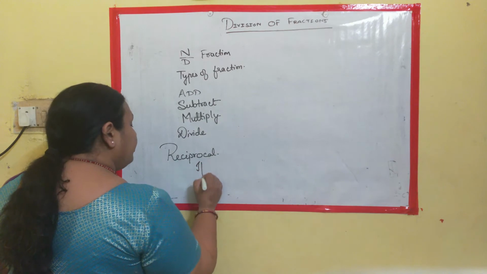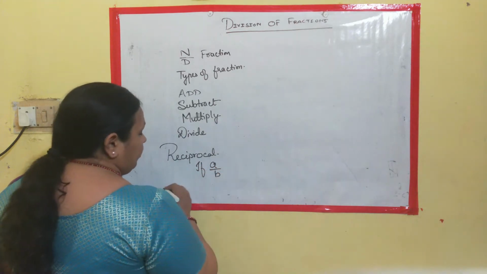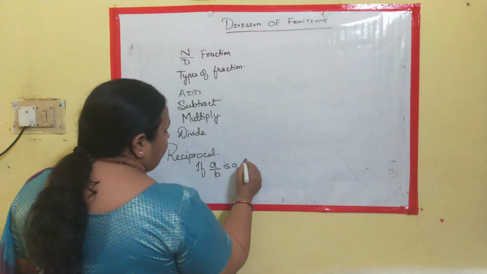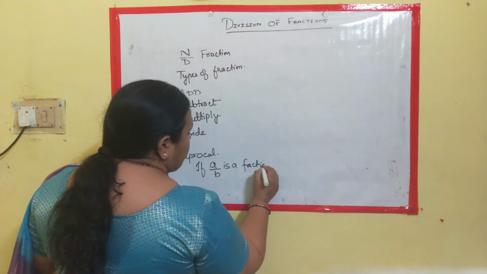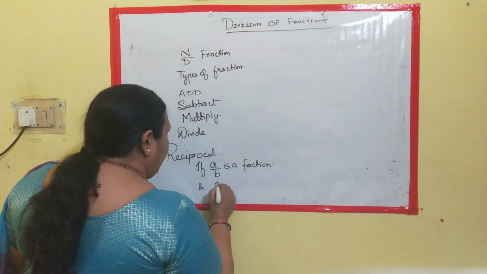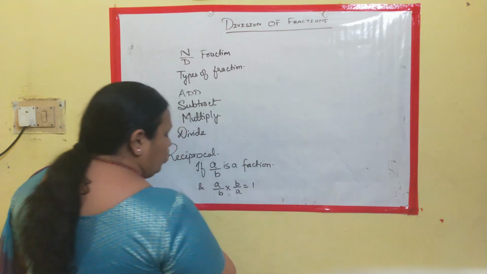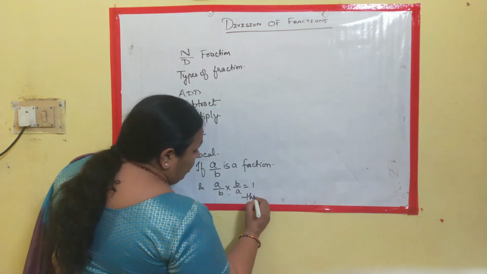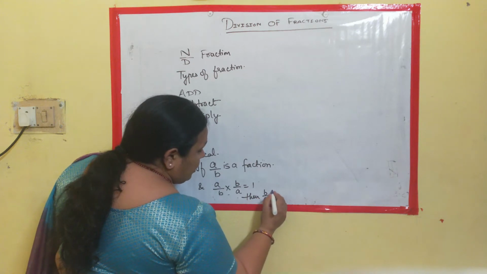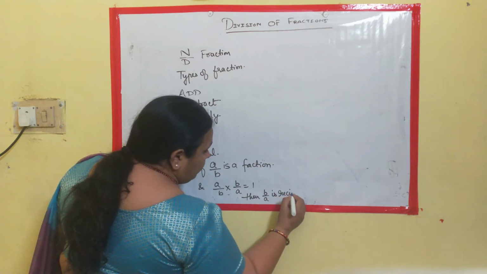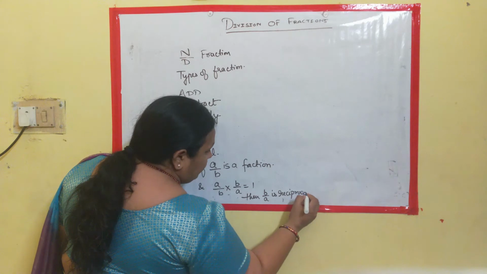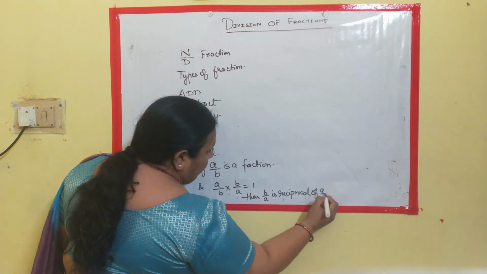If a by b is a fraction, and a by b into b by a is equal to 1, then b by a is the reciprocal of a by b.